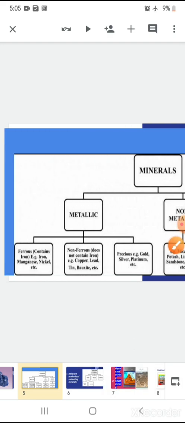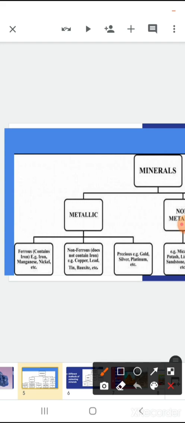Metallic, as I told you, is ferrous, which contains iron, manganese, nickel, etc. When we talk about non-ferrous, it does not contain iron.